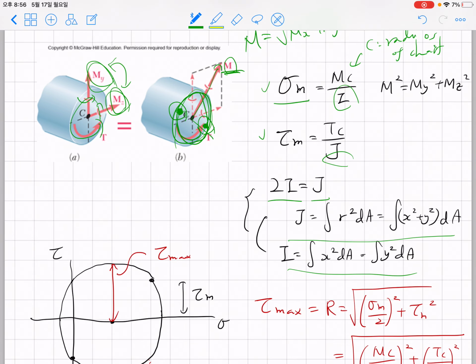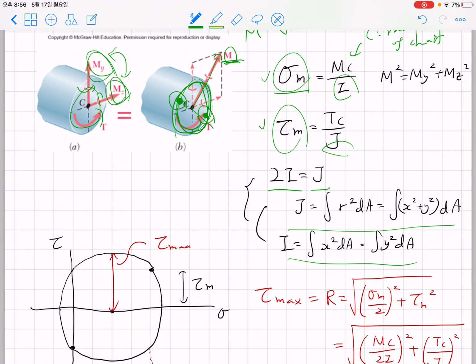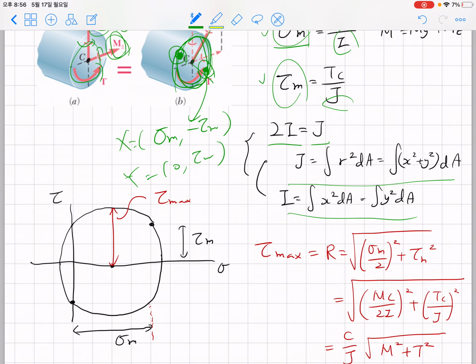After identifying this sigma m and tau m, for either that point or that point, you have sigma m and negative tau m for x. You have maybe 0 and tau m for y. After identifying x and y in the Mohr circle and completing the Mohr circle, what you can see is that the radius of the Mohr circle will give rise to the maximum tau.